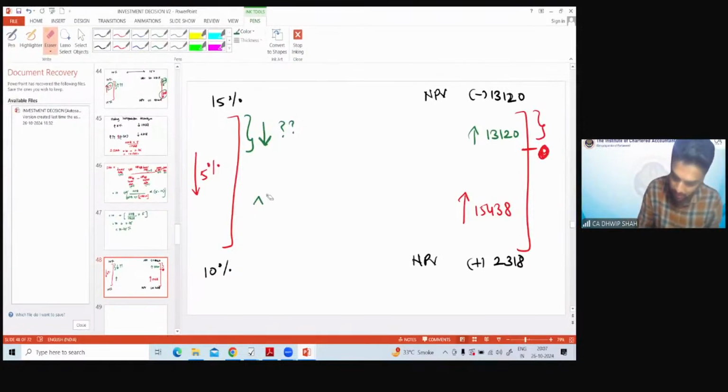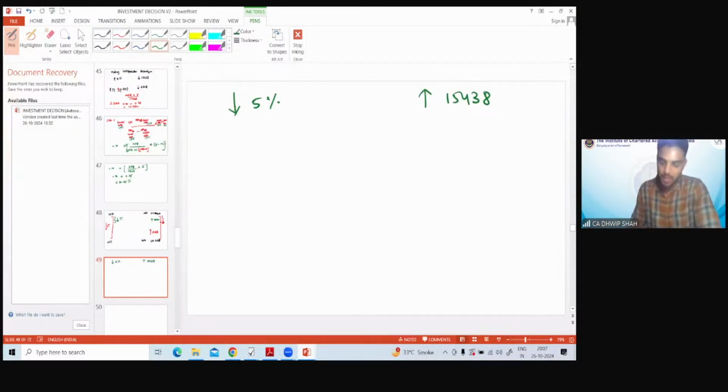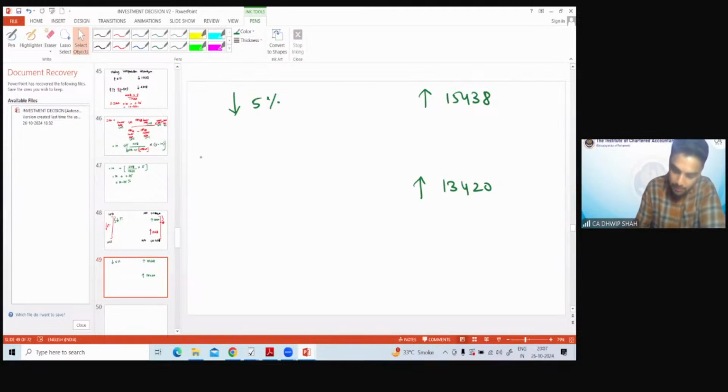By decreasing the rate by 5%, my NPV increased by 15,438. I just want to increase it by 13,120 so that I can reach the 0 point, because I want NPV at 0. By how much percent should I decrease the rate?